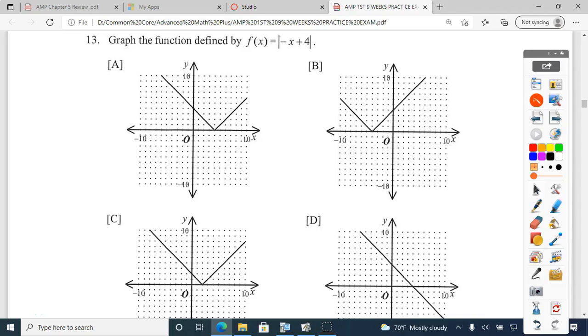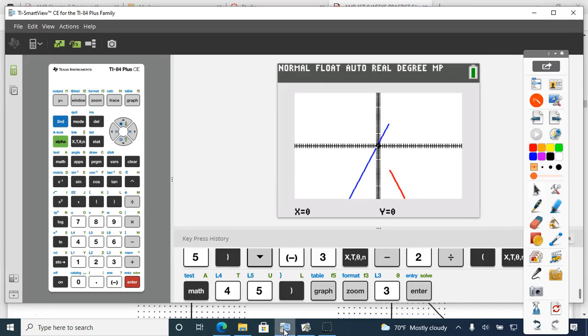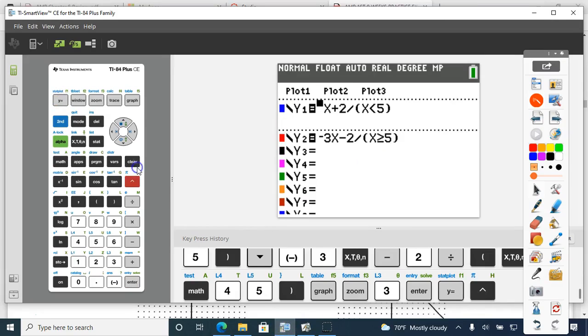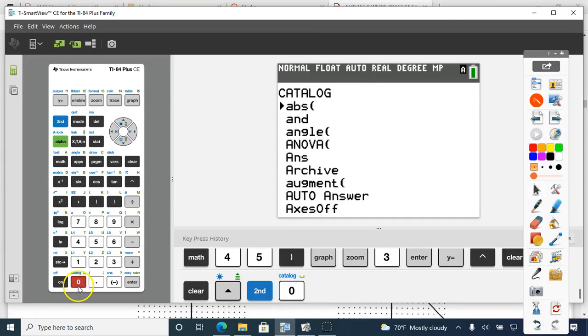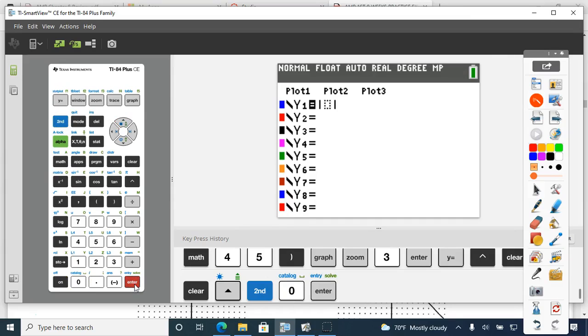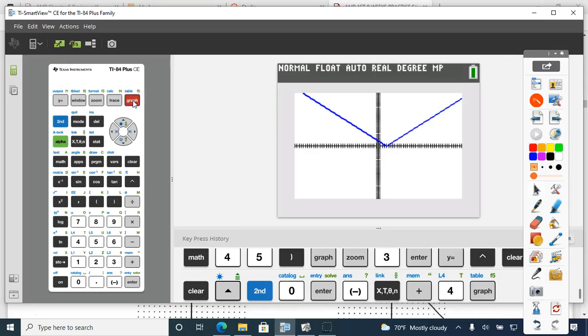Okay, so again, I'm just going to go to my calculator, go to y equals, clear those out, and type in that function. Absolute value, you hit second 0, enter to bring up an absolute value, and then you type in negative x plus 4, and you hit graph. I'm going to zoom in just to put it on the standard.